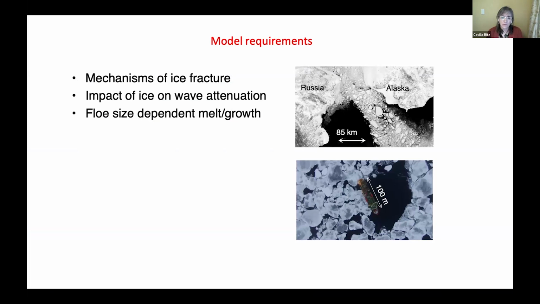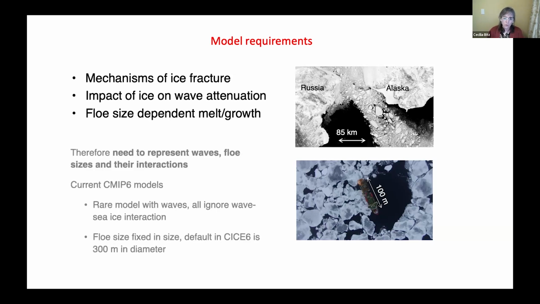So we need to have a coupled approach where the evolution of the ice in turn affects where waves are and how they're attenuated, and then to simulate the floe sizes, because the way the attenuation plays out is a function of floe sizes, as are many of the things that I'm interested in, like ice albedo feedback and the rheology. So we need to represent floes and waves and their interactions. And as I mentioned earlier, no Earth system model has done this before.